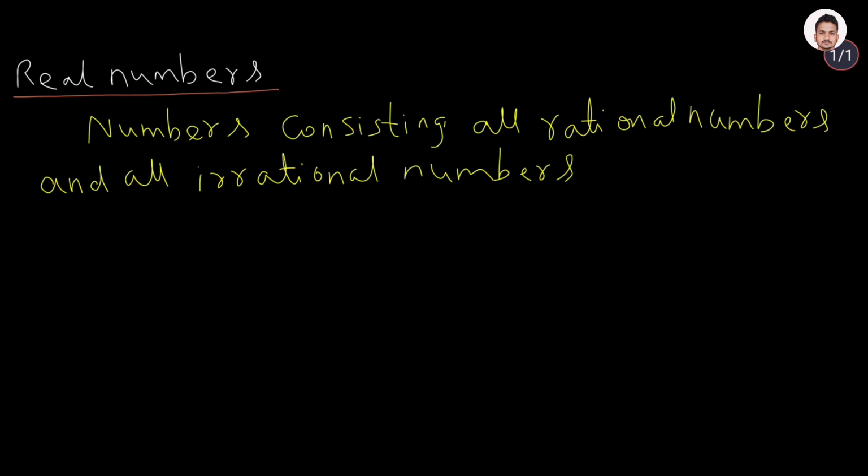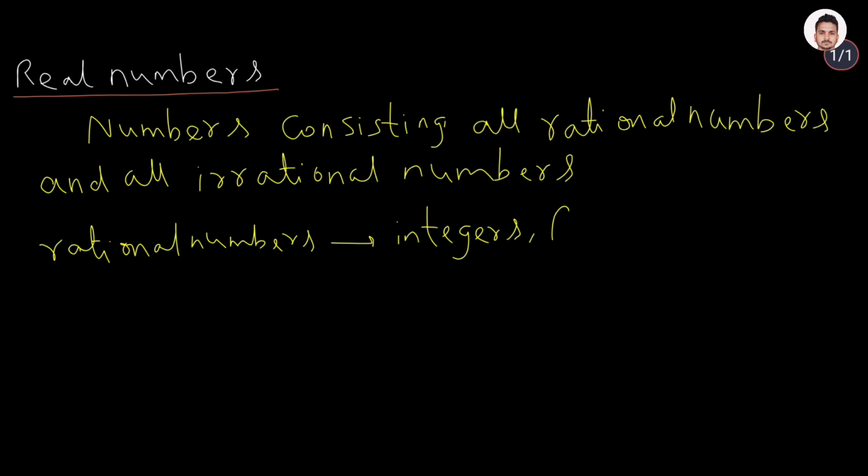So we'll see what rational numbers are: integers, fractions, and terminating or repeating decimals.